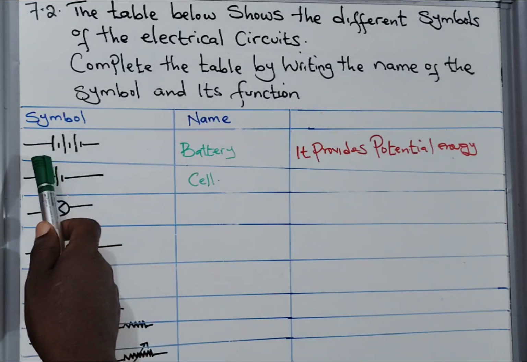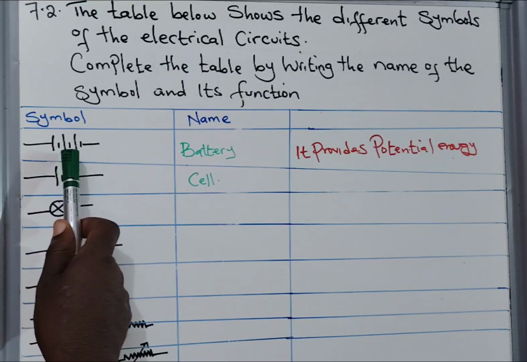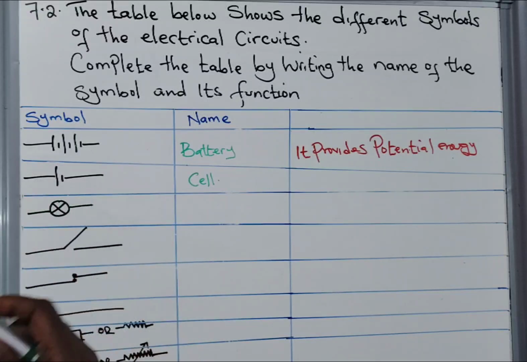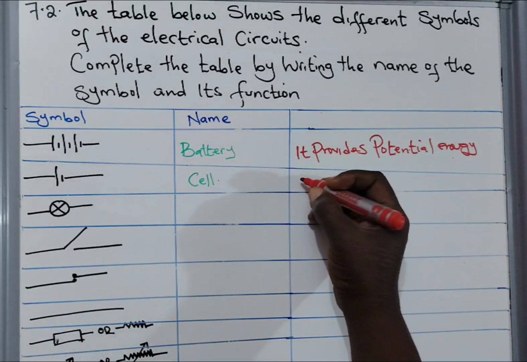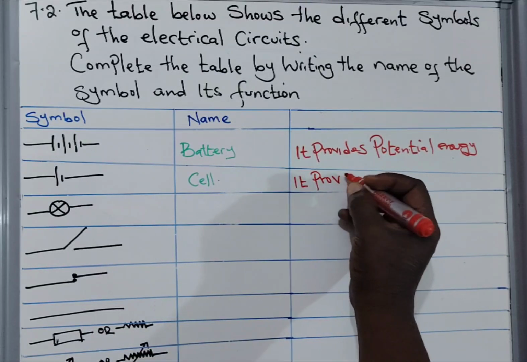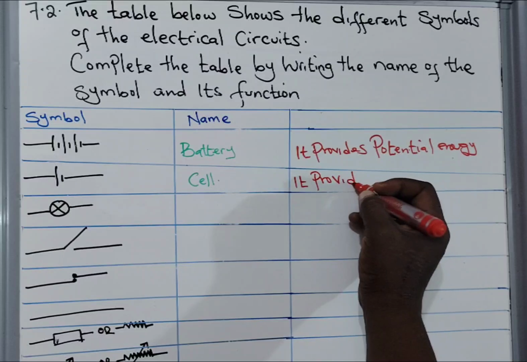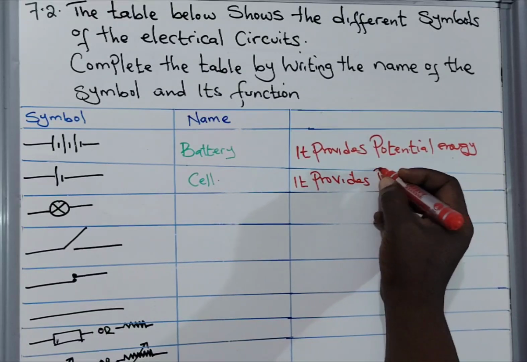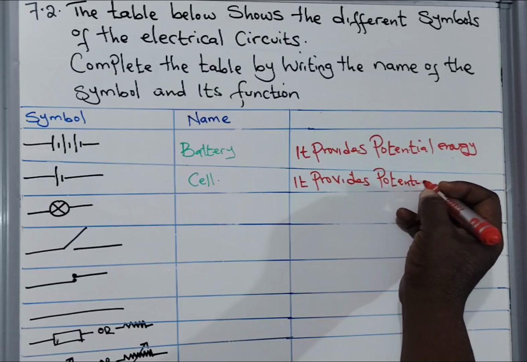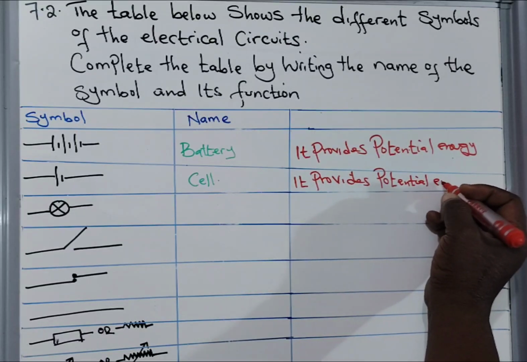So what we have here is a battery consisting of 1, 2, 3 cells. So this is a single cell. And what's the function of the cell? The same as the battery. It provides potential difference or provides potential energy.